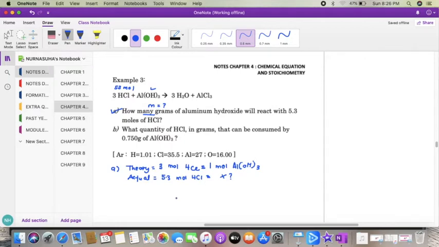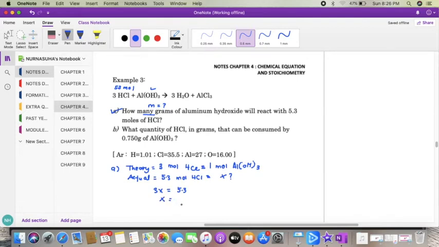So, kita kena as usual darab silang. So, 3 times X would be 3X, sama dengan 5.3 times 1. So, 5.3. You do the maths over here.